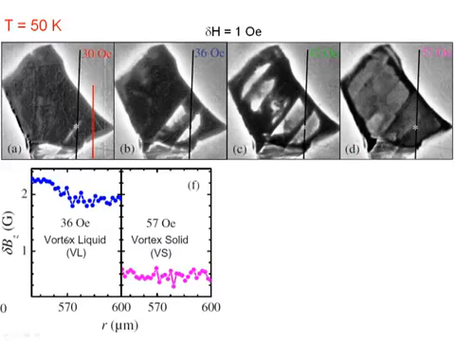Our investigations show an initial low field vortex liquid phase which sustains larger changes in the vortex density, settling down into a vortex solid phase at higher magnetic fields which sustains smaller changes in the vortex density.